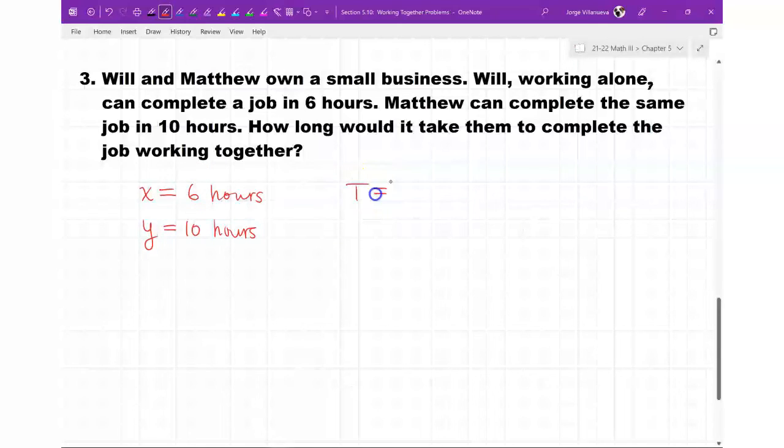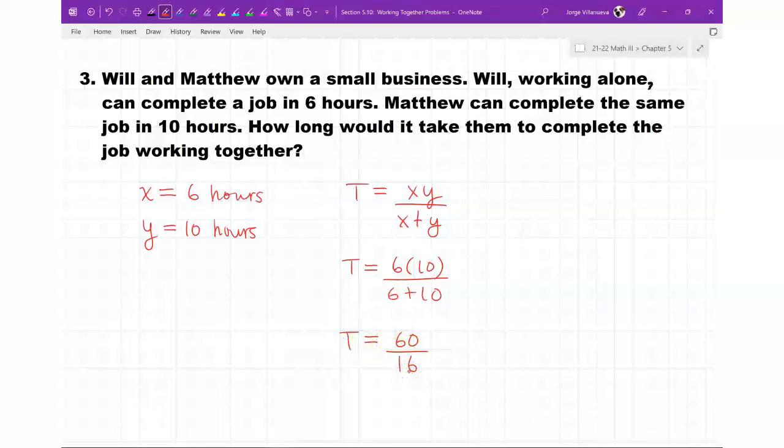So T equals XY over X plus Y. Remember, I like to rewrite the equations because it helps me memorize it and remember it for later. So let's see, we're solving for T. X times Y, that's 6 times 10 over 6 plus 10. So that's 60 over 16, right? 60 over 16 is, let's see, 3.75.